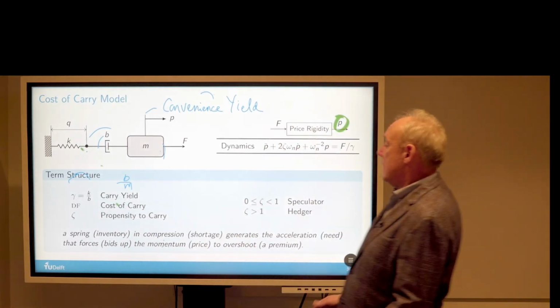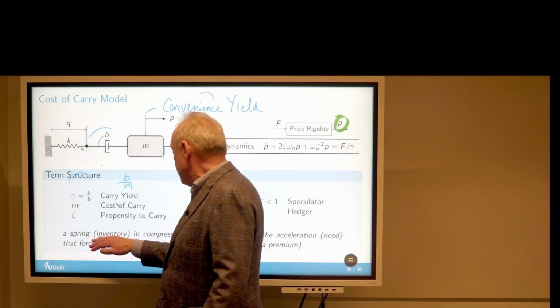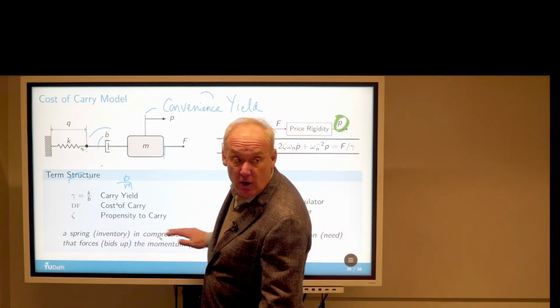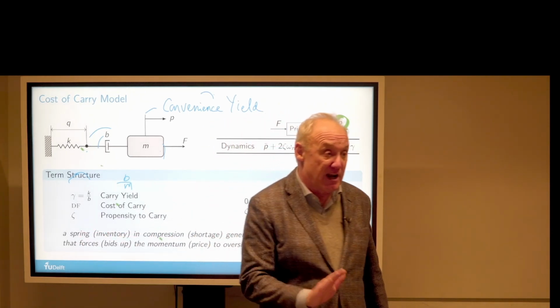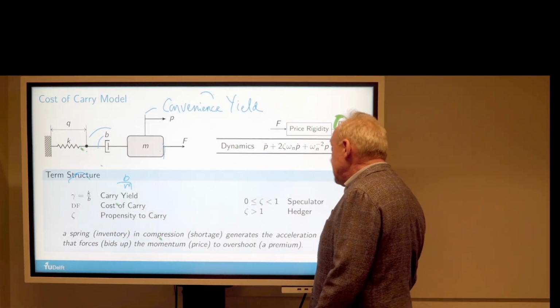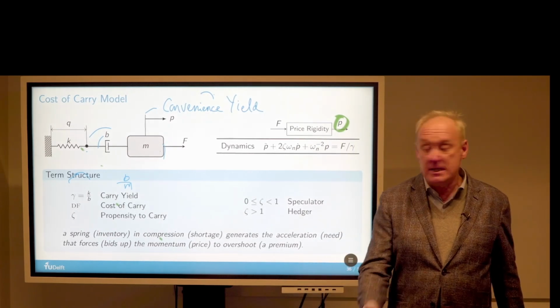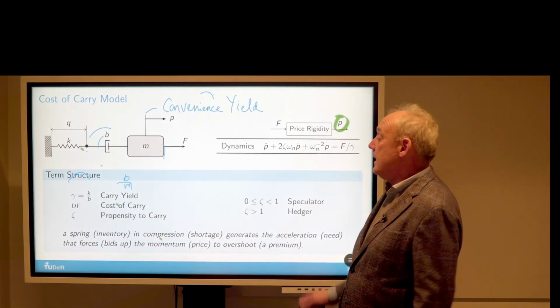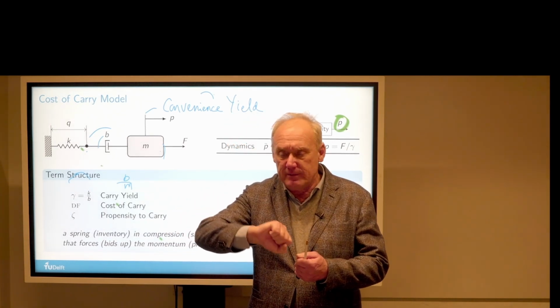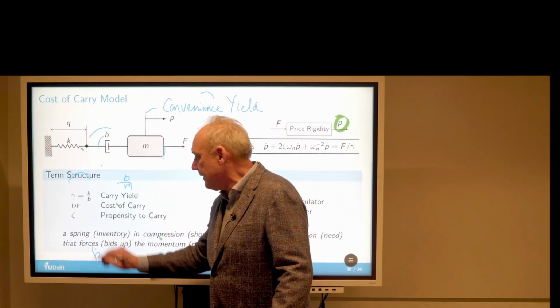But what happens if you have an inventory in compression? That means you're short. So the inventories are low. Then the needs arise, exploration was a need, which bids up, forces changes in price. So it's P dot, right?